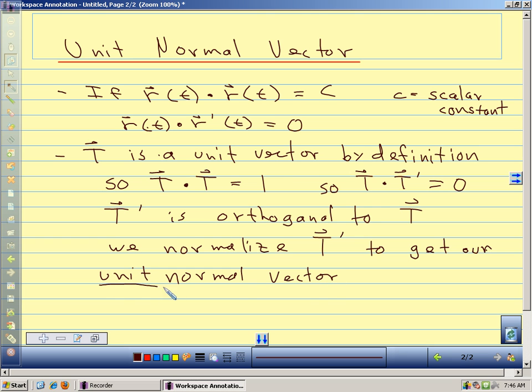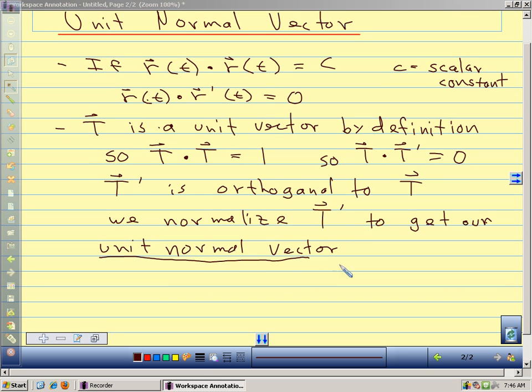So our unit normal vector, and we usually write it as capital N, and it varies with t, is T prime over the length of T prime. And we want T prime not equal to 0. We also want r of t to be smooth.